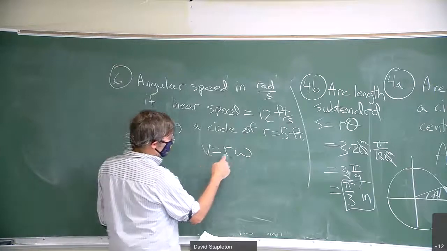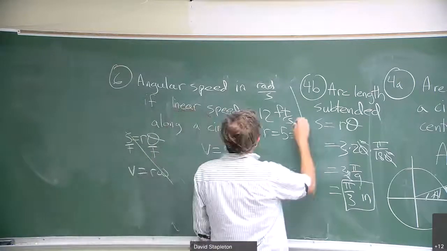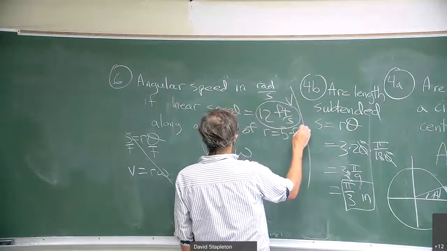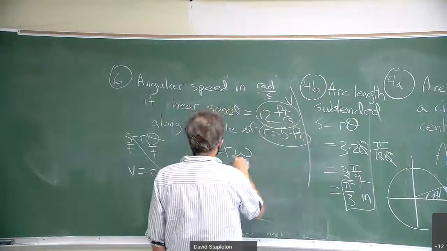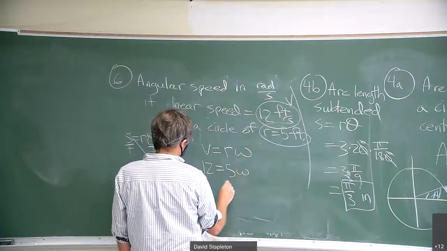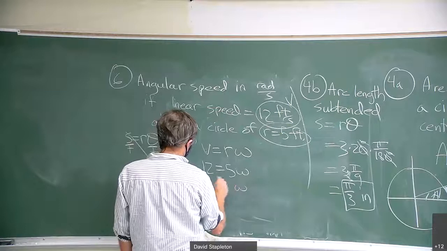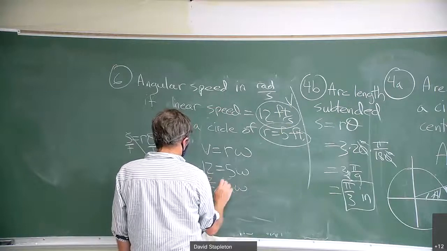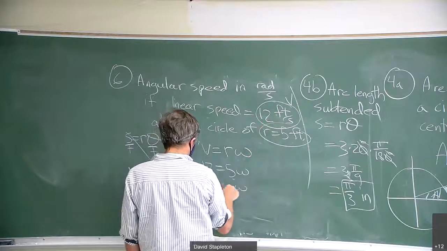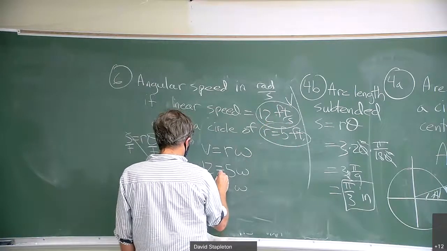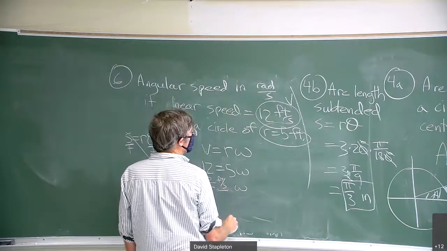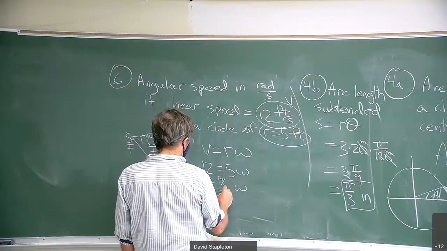Write this down because what you have here, 12 feet per second linear speed is V. And here's R equals 5. When I put those in, I have 12 equals 5 omega. I divide by 5. I've got omega is 12/5. What is that? Well, this one is in feet per second. This one is in feet, so it's just per second. Feet per second divided by feet.